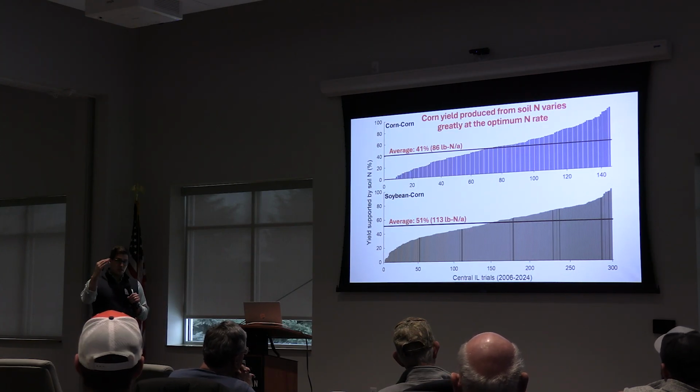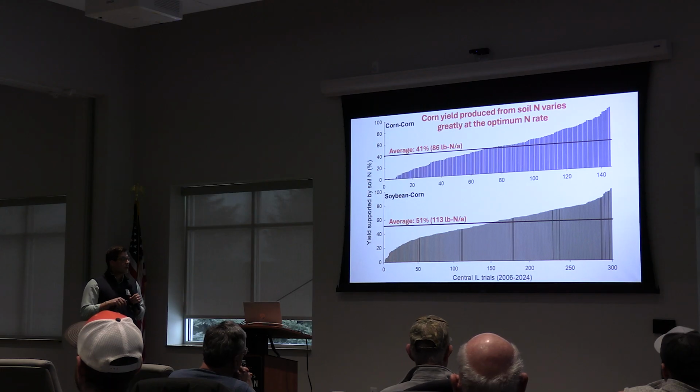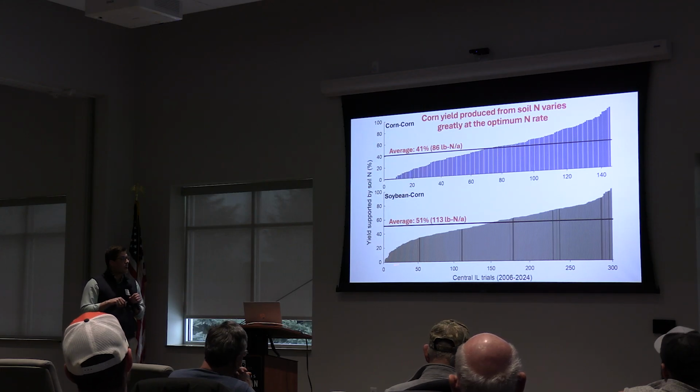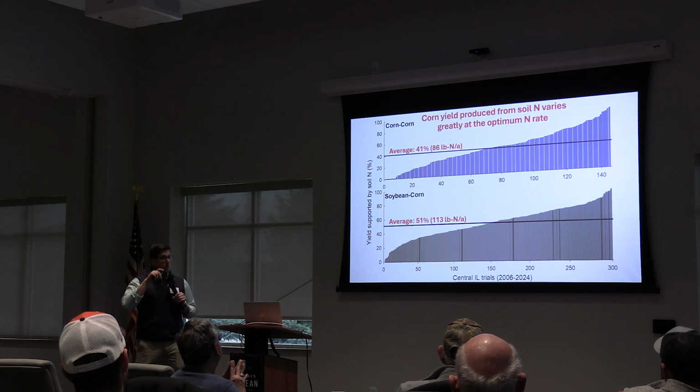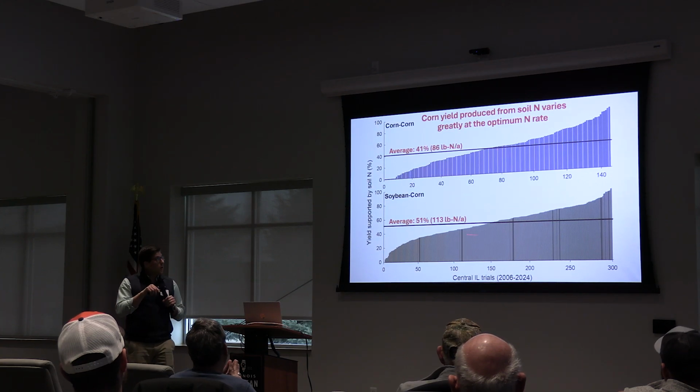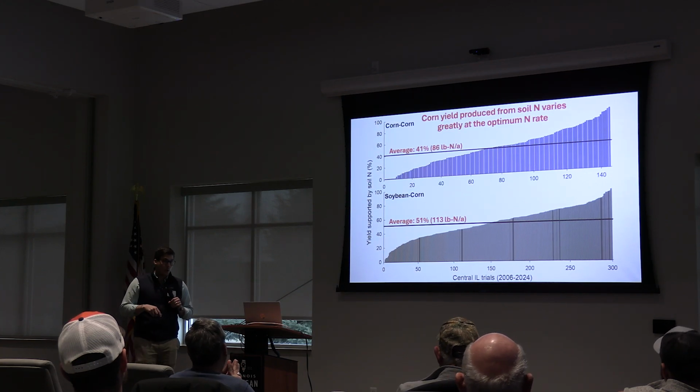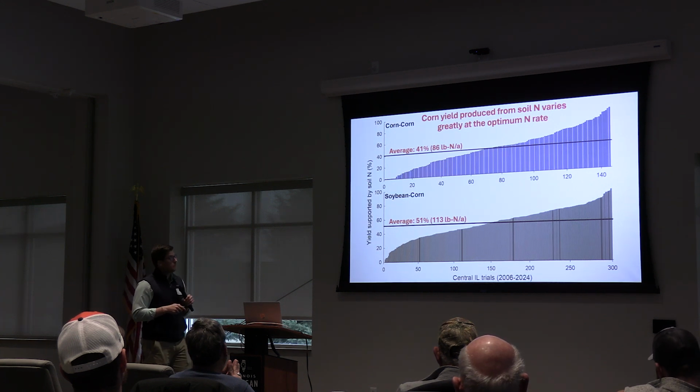So we're maximizing yield, and that's where this value is coming from. This is the fraction of the yield that we've maximized that's supported by the soil. We just use the control plot to estimate that, but it ranges from 2 to 80%. So tying this down certainly is a big challenge that we'd like to do in soil testing. We just don't have the tests, I would say, to do it at this point.